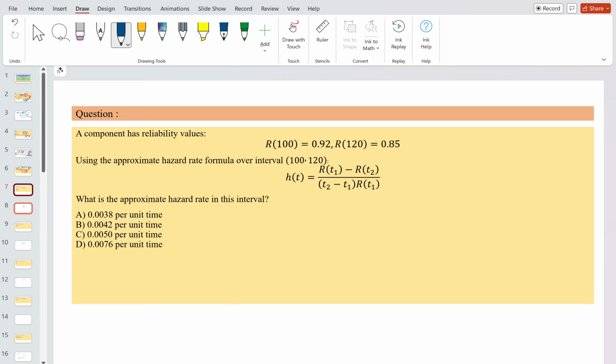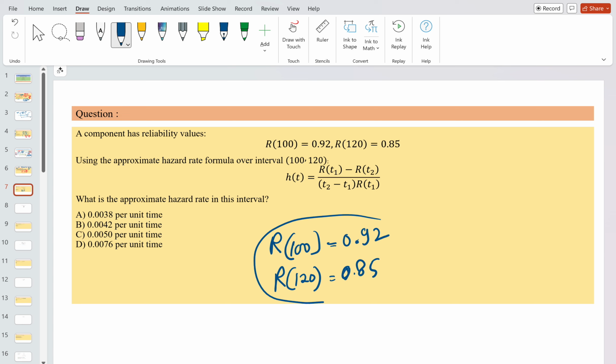Suppose this example question is there. It is telling that R(100), at a time of 100, the reliability is 0.92, and at 120 seconds the reliability was 0.85. Suppose I wanted to plot this.